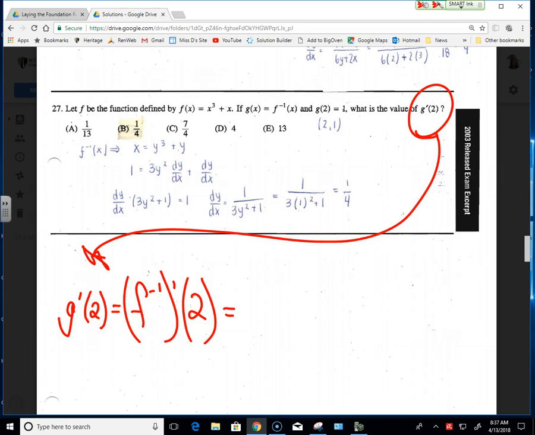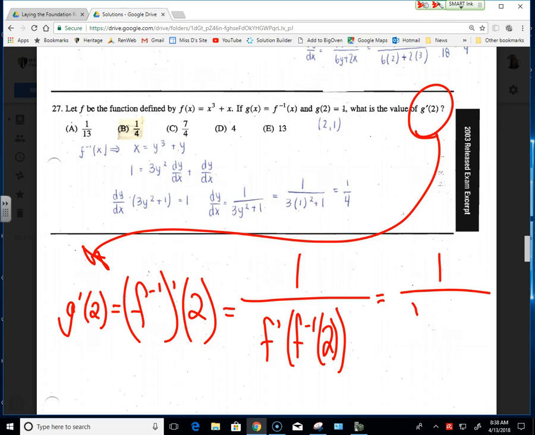We have a formula for that. And the formula is 1 over F prime of F inverse of 2. So pause. Couldn't we say if F inverse is G, couldn't we say 1 over F prime of G of 2?